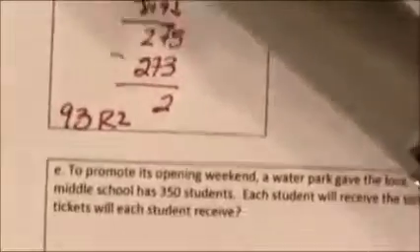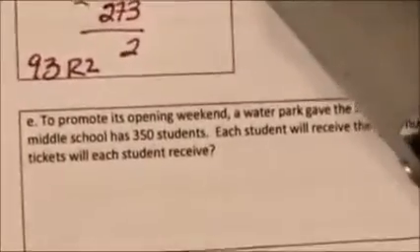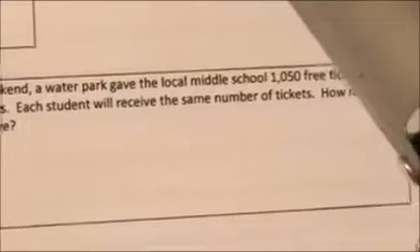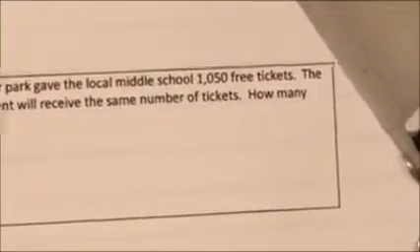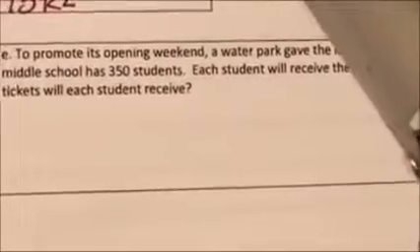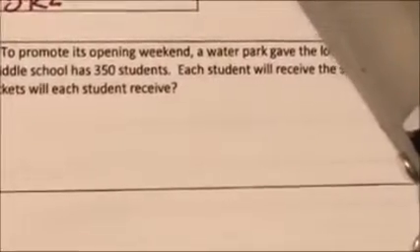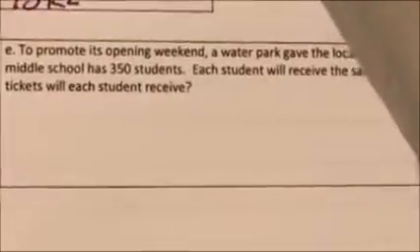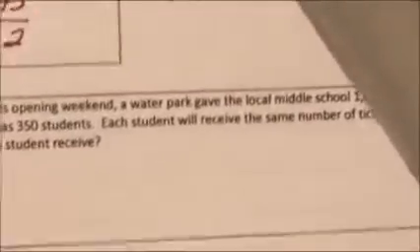Okay. Then I have letter E, which is a word problem. It says, to promote its opening weekend, a water park gave the local middle school 1,050 free tickets. The middle school has 350 students. Each student will receive the same number of tickets. How many tickets will each student receive? Okay, so I need to set up a division problem for this, right?